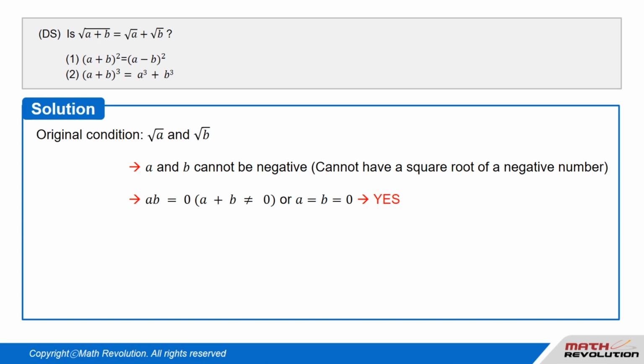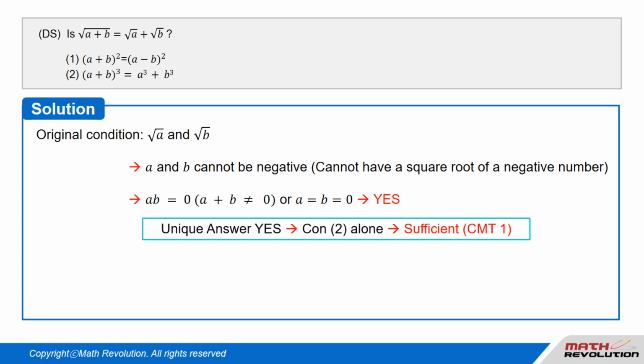So after modifying condition 2, we get a times b equals 0 as a plus b is not equal to 0, or a equals b equals 0 from a times b times (a plus b) equals 0, and yes as the answer. The answer is unique, yes, so the condition is sufficient by CMT1, which states that the answer must be in terms of a unique yes or no.